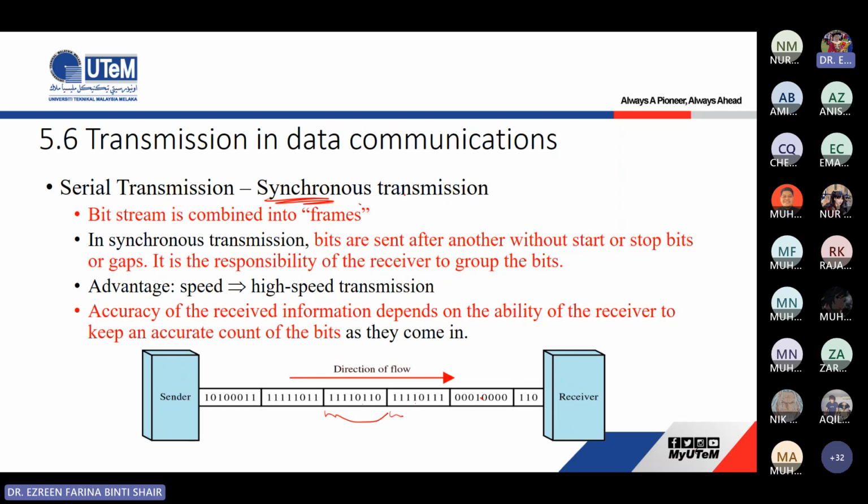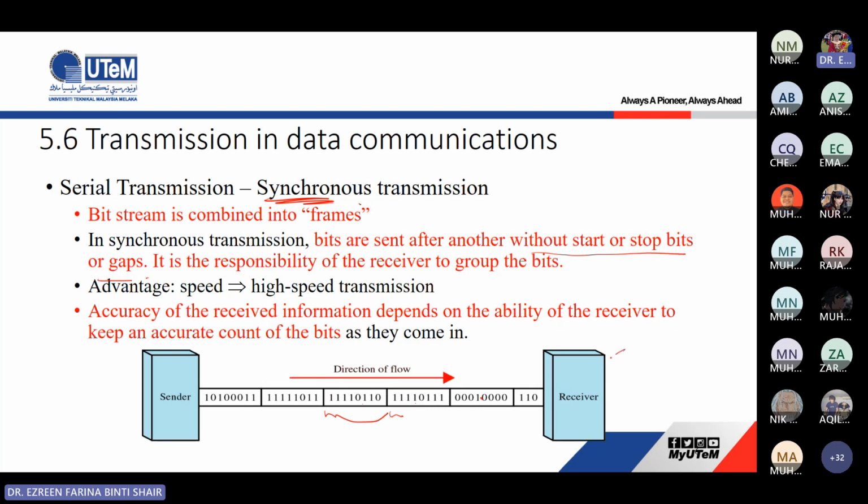For synchronous, the difference is the bits are sent one after another without the start bit, the stop bit, or even a gap. There is no start bit, no stop bit, and no gaps.